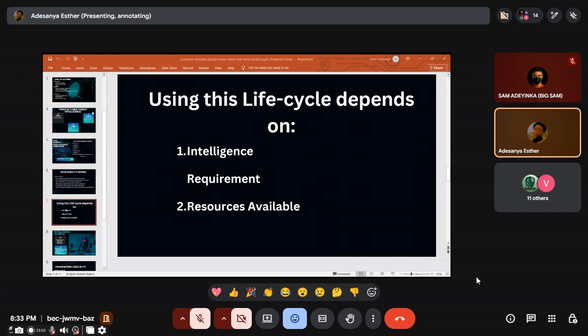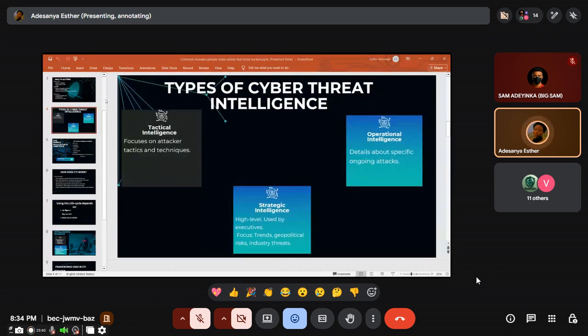Using the life cycle when it comes to threat intelligence is very, very essential, and it relies on two methods, which are the intelligence requirements and the resources available. For intelligence requirements, it's majorly focused on the types of cyber threat intelligence to help with the analysis.